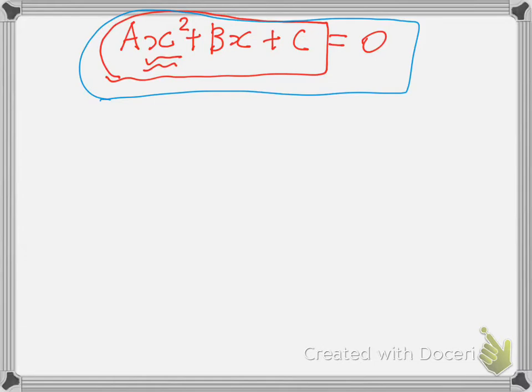So now let's look at an easier case. Easier case means the leading coefficient a is 1. If a is 1, we have a method, it's called trial and error. Trial and error factoring method.